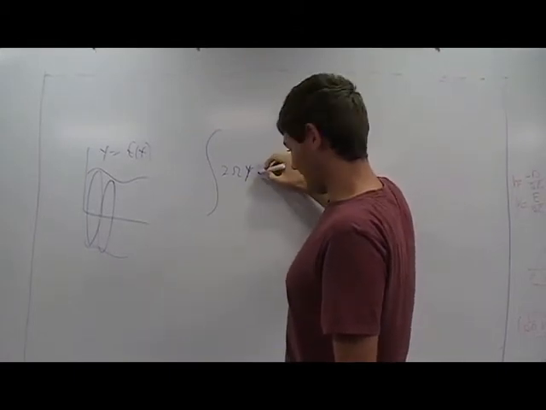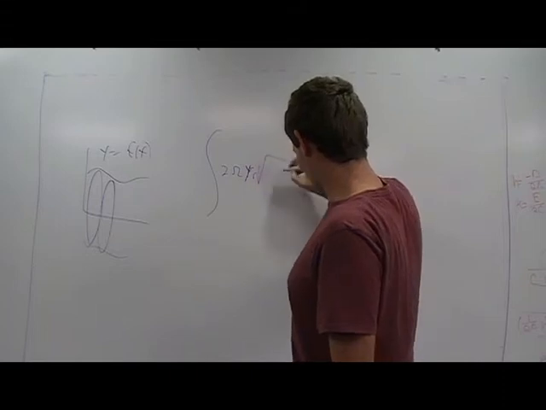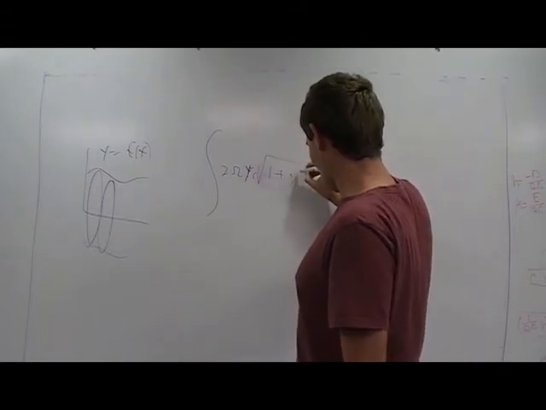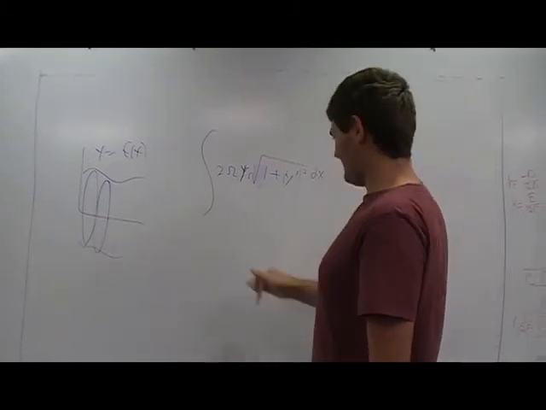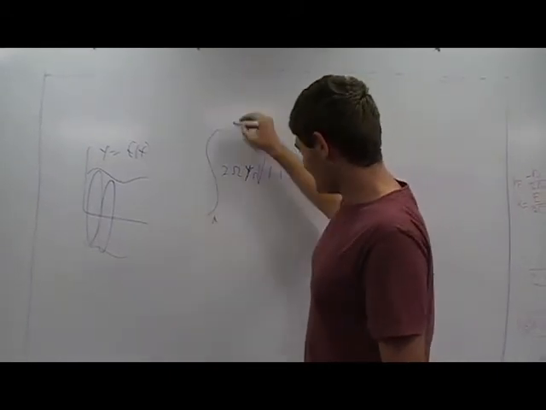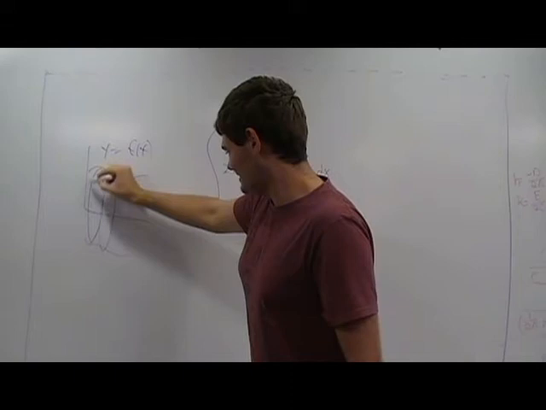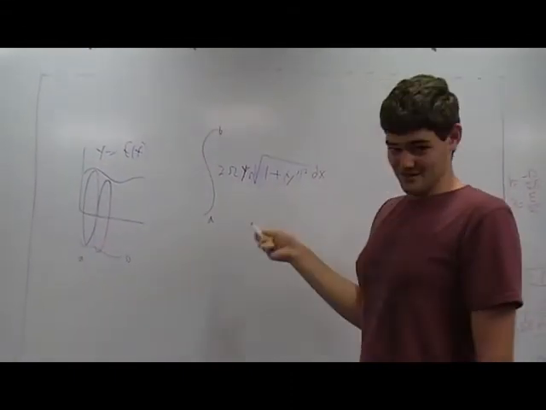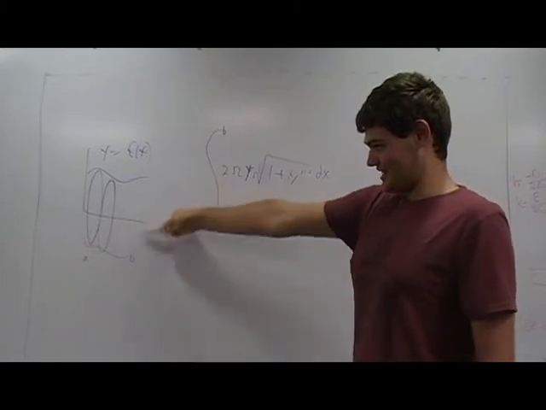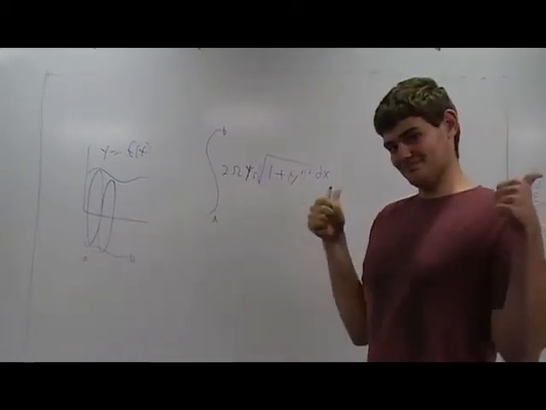We've got to have the arc length, which we found out before was the square root of 1 plus y prime squared. Now we have our dx, and this integral from a to b will give the surface area of this function rotated around the x-axis.